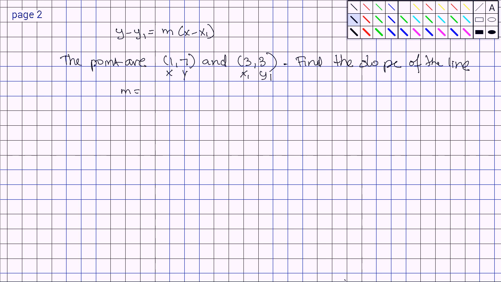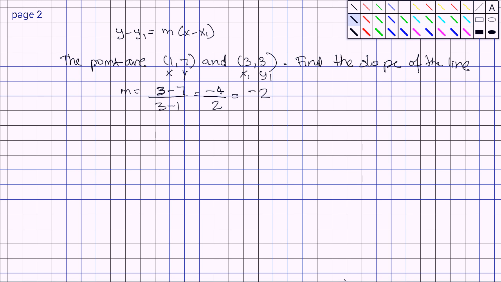So we'll say the slope is 3 minus 7 over 3 minus 1, which is negative 4 over 2, so your slope is negative 2.